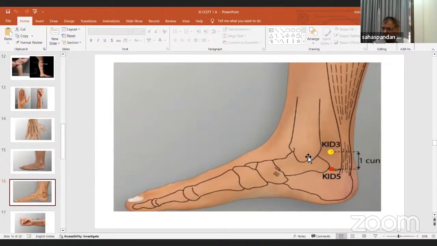Kidney 3 is located in between the tip of the medial malleolus, the ankle bone, tip of the ankle bone, and the Achilles tendon. In between is the kidney 3, and come downward 1 chun. It is the kidney pie. 1 chun means one thumb breadth.